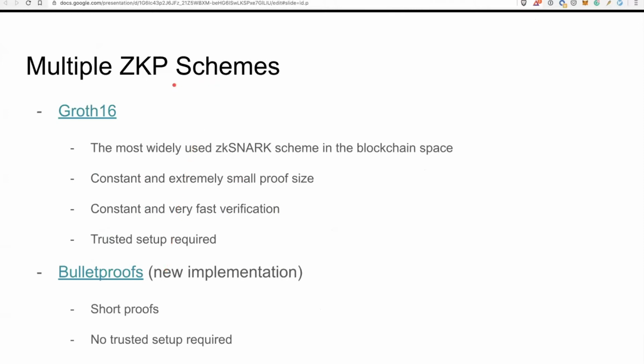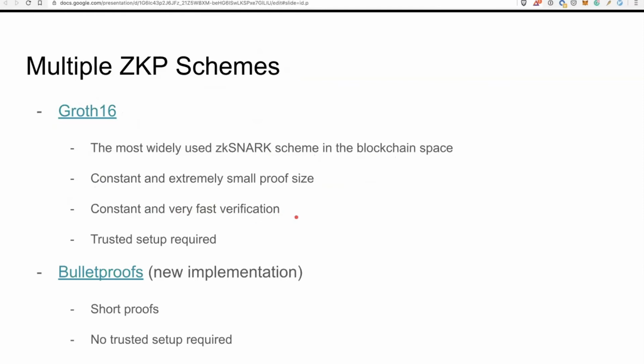Okay, and we talked about the ZKP schemes just now. We actually added two ZKP schemes in our ZKP toolkit. One is Groth16. It's actually the most widely used zk-SNARK scheme in the blockchain space for its constant and extremely small proof size and constant and very fast verification.